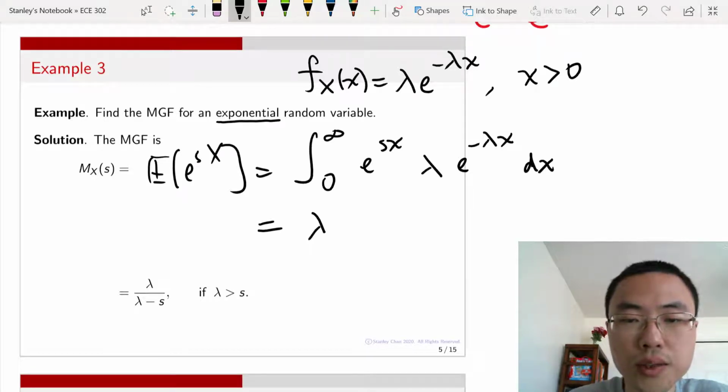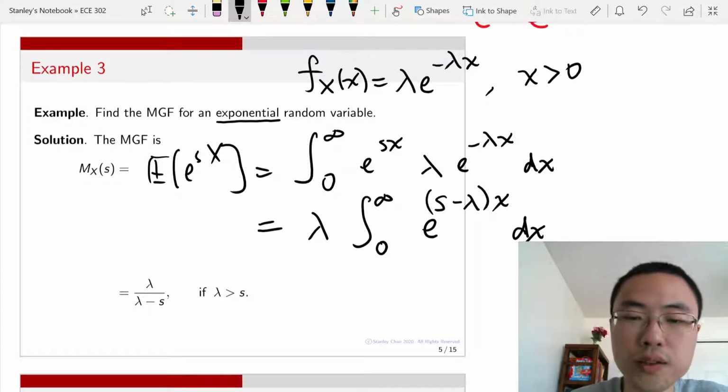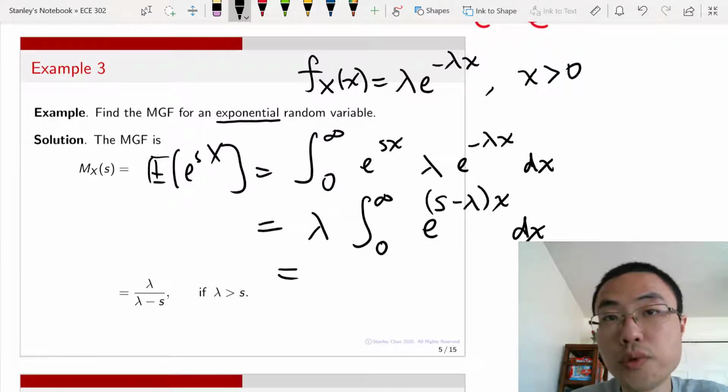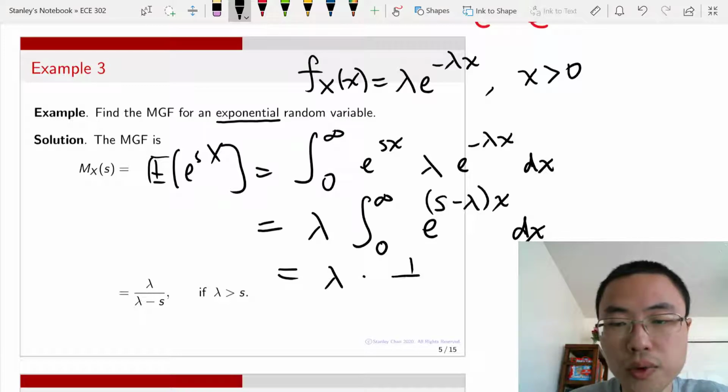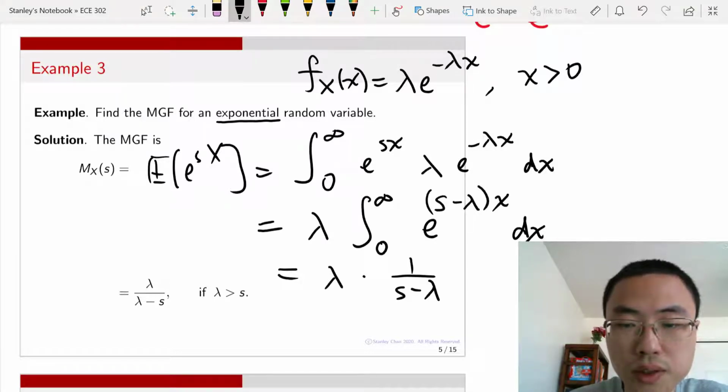And so you can pull the lambda out, and then you have integration from 0 to infinity of e to the power (s minus lambda) x dx. And so this is a very simple integration. So you keep the lambda, and then you have 1 over (s minus lambda), and then you need to evaluate this function.